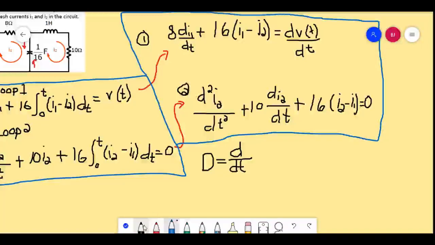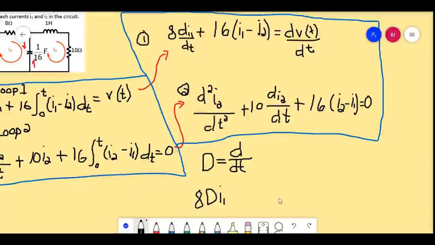So we replace d over dt by a big letter D. So this would become 8 D I1. Now you might be asking, where did the I1 come from? Remember that we only exchange the big letter D for d over dt.